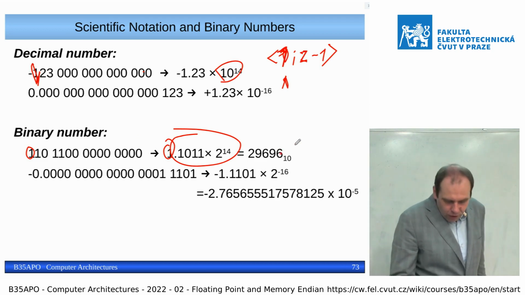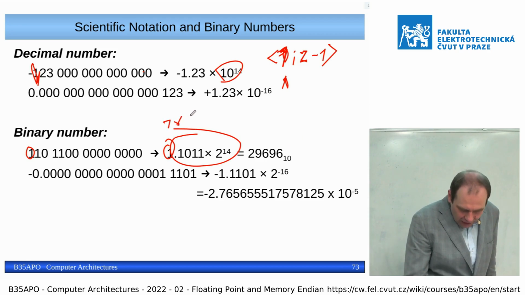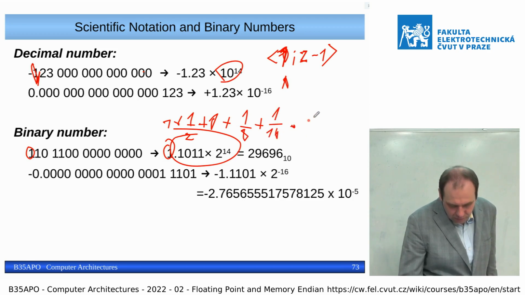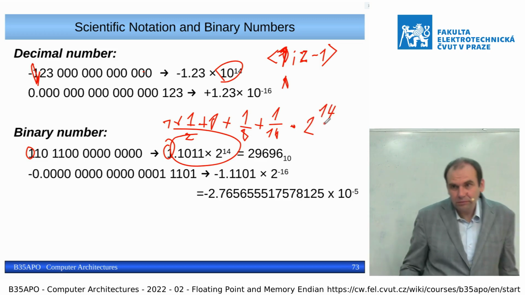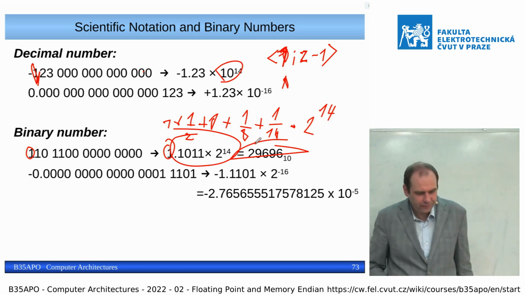If we want to convert this number to the actual decadic value, then we can say it is 1 plus 1/2 plus 0 quarters, so 0, plus 1/8 plus 1/16, multiplied by 2 power 14. And you get a decadic value. So it should work this way.